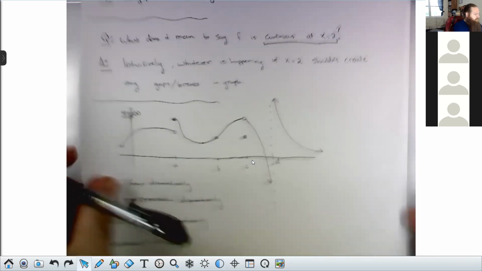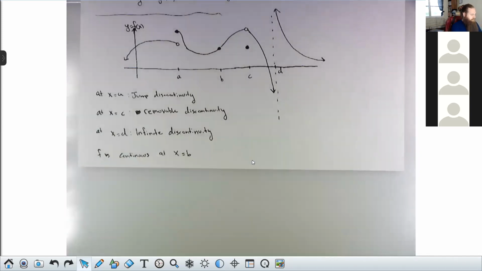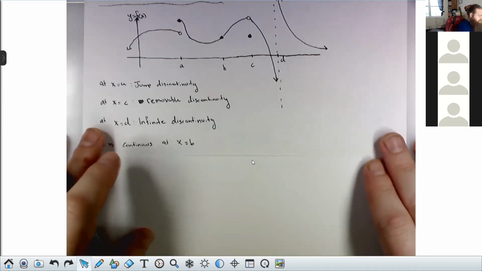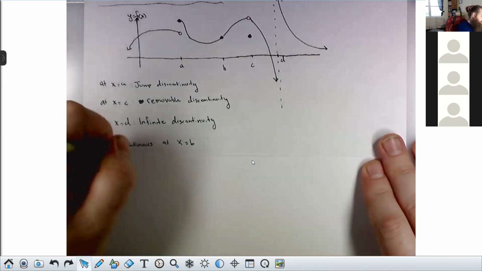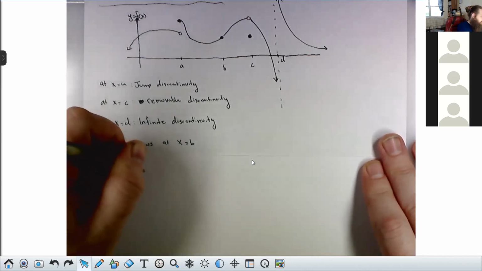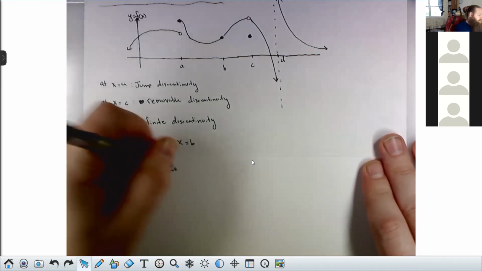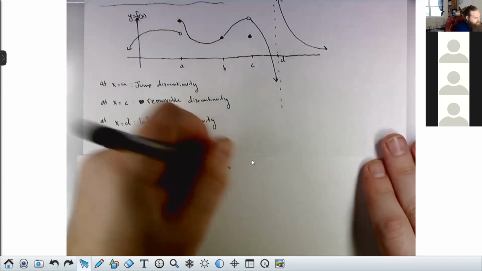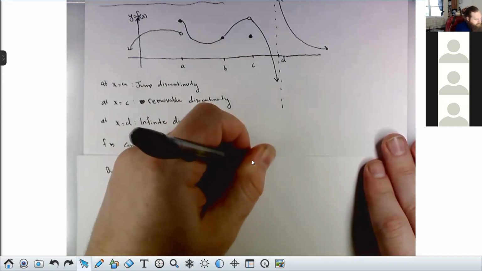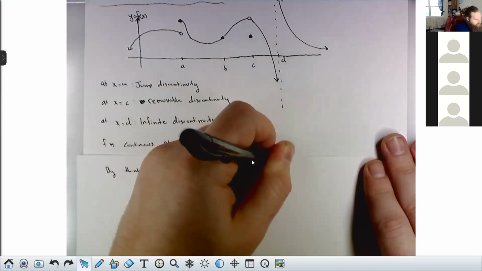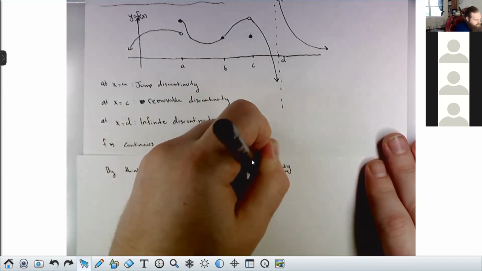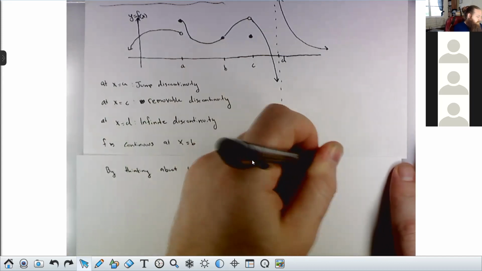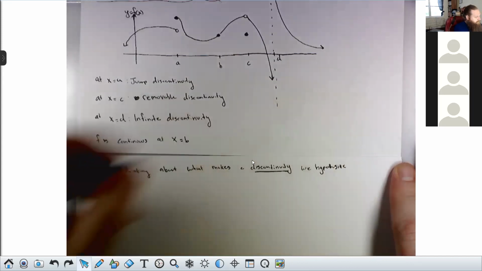So by thinking about what makes a discontinuity, we hypothesize the following.